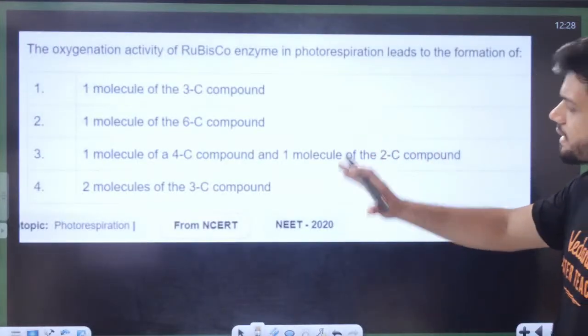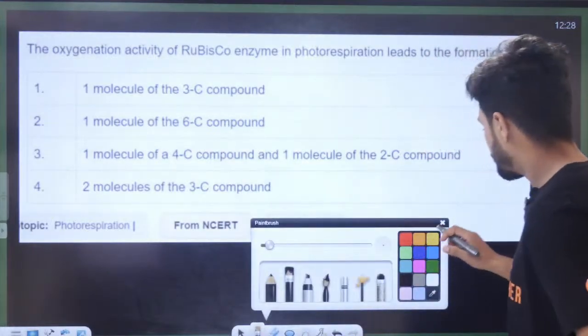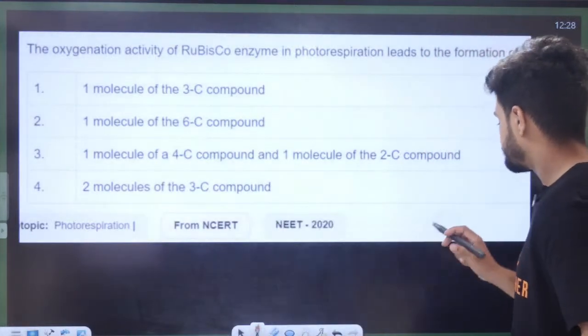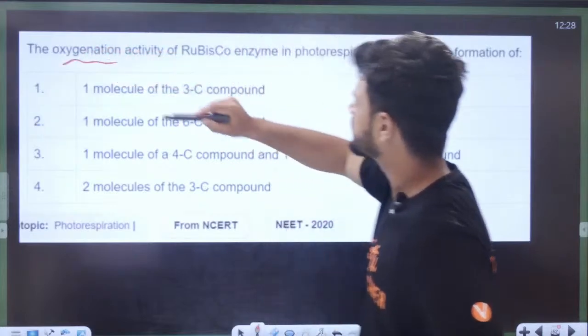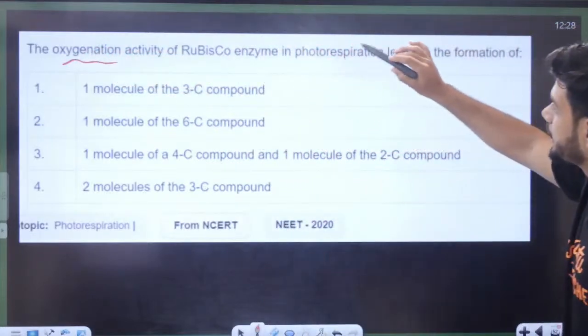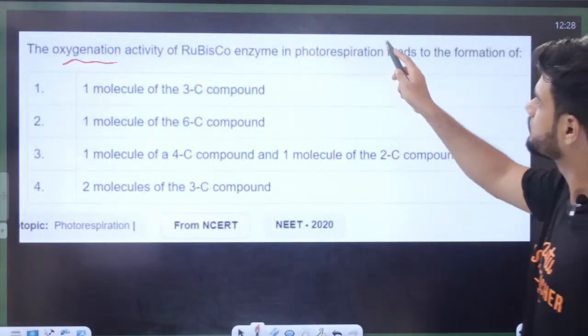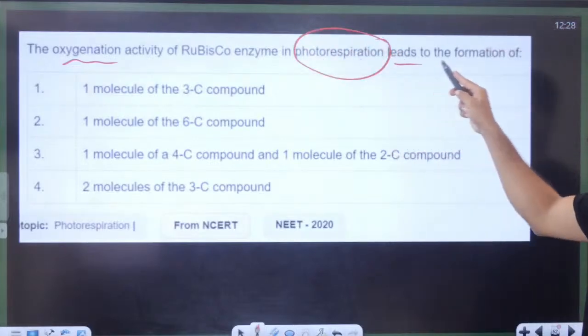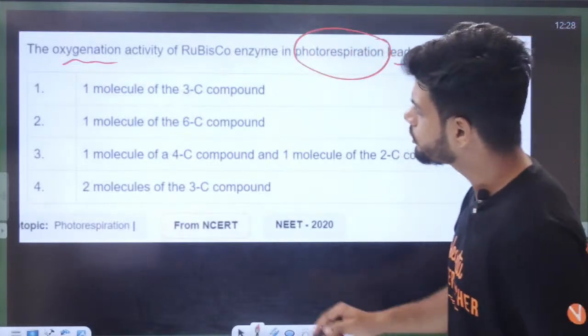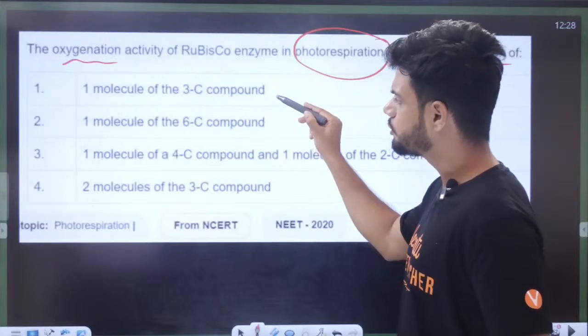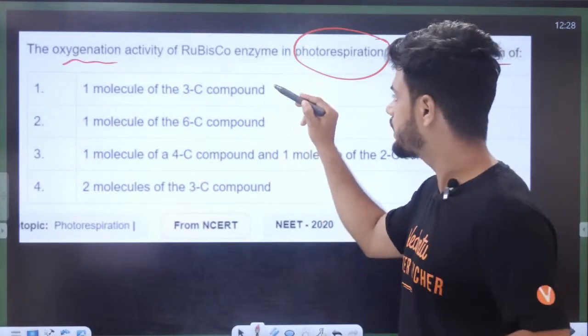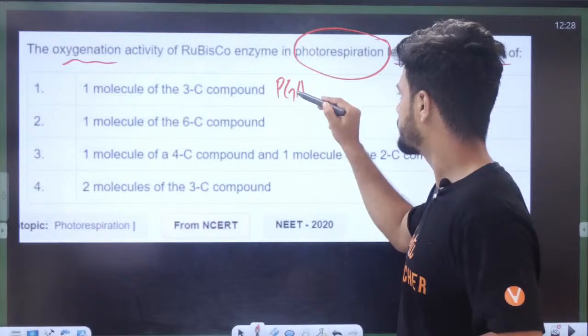Now your Rubisco is doing double acting. The oxygenase activity of the Rubisco enzyme in photosynthesis, photorespiration, leads to the formation of one molecule of 3 carbon, PGA.